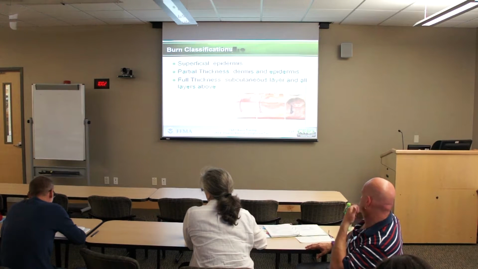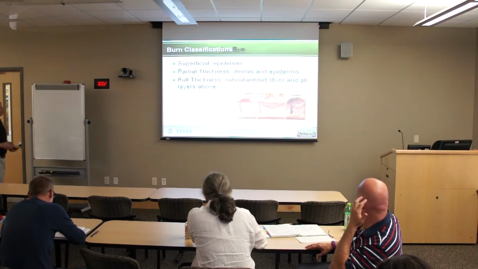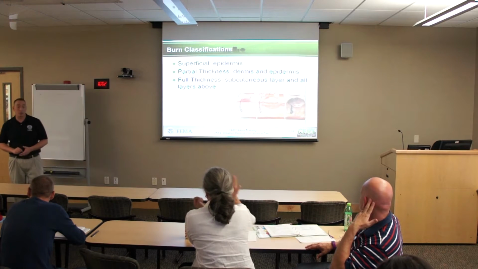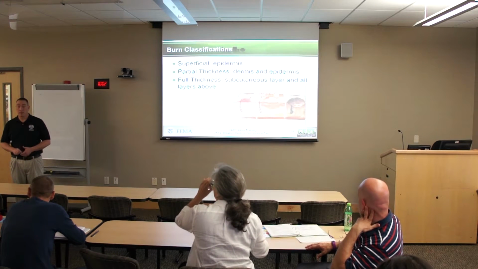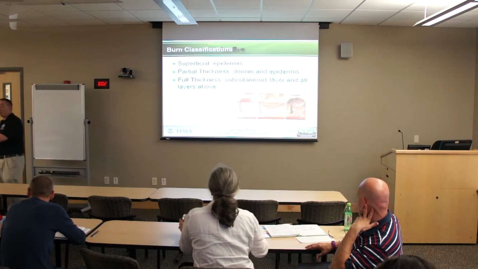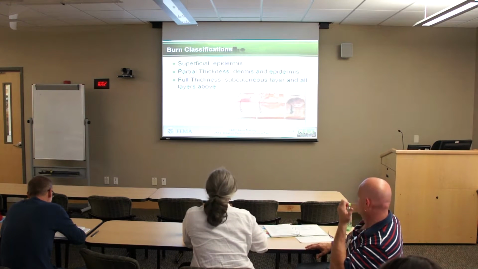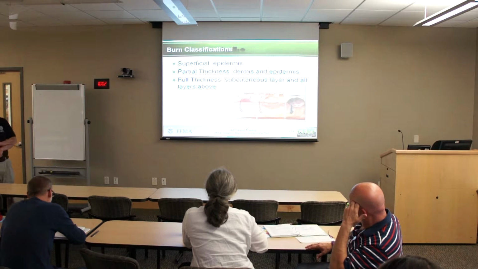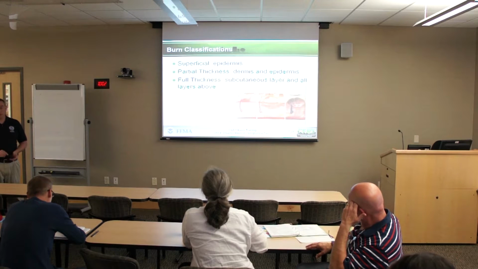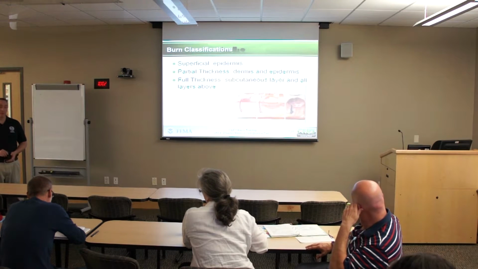Then a full thickness burn: the subcutaneous layer and all the layers above. This is when it burns to the bone. I mean, this is when the epidermis and the dermis are ash. It's not going to be the gray look. It's going to be the black charred look. Okay? It's going to be ugly. It's going to smell.